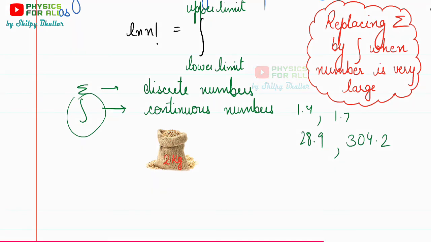We are not going to count how many grains would actually fill this sack. We will use approximation, from 0 kg to 2 kg, and then we'll fill in whatever function or quantity we take, and solve the integral. And integration gives us an approximate value most of the time, especially when the number is really large.